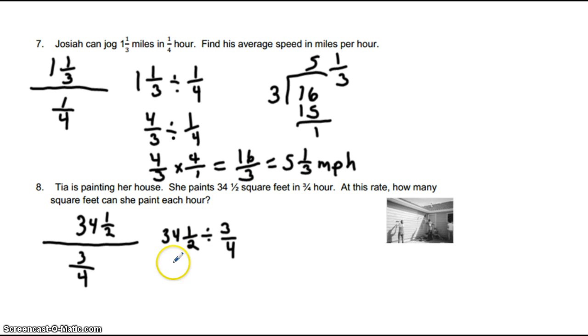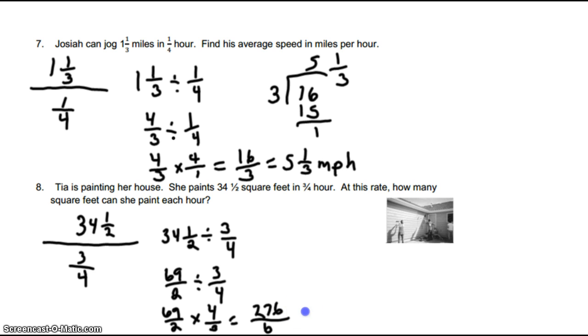Next, we have to turn this into an improper fraction, so we have 69/2 divided by 3/4. We take 69/2 and multiply by the reciprocal of 3/4, which is 4/3. Here our answer would be 276/6, and then that would be simplified to 46 square feet per hour.